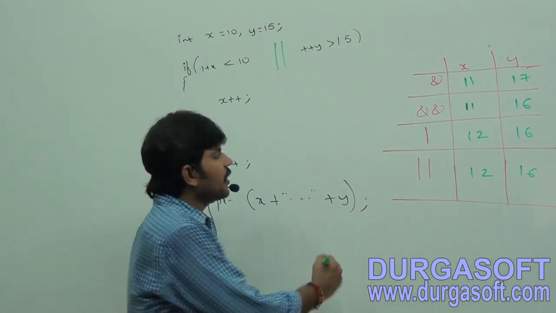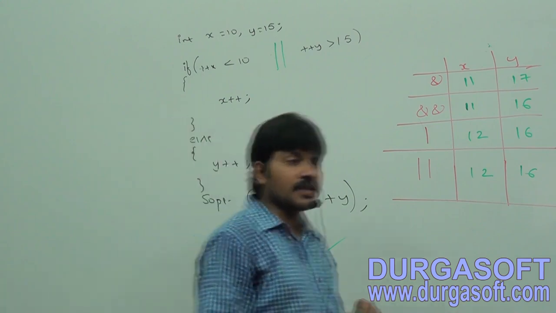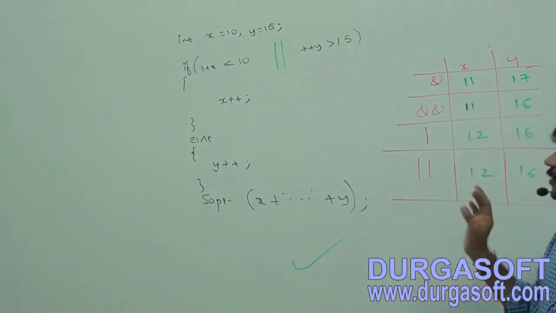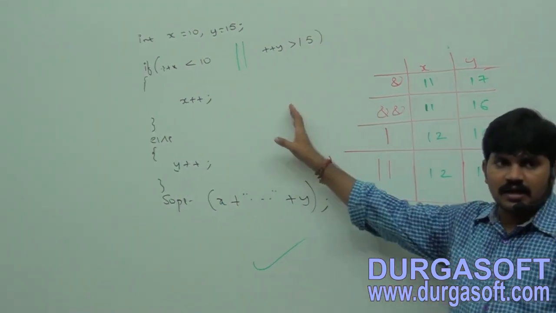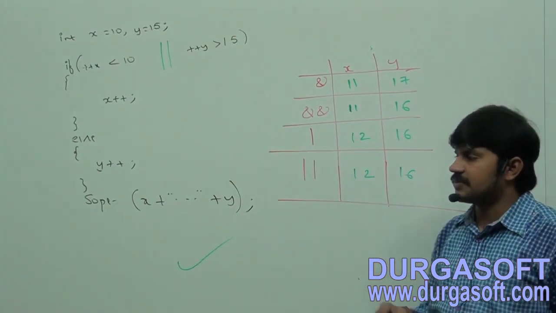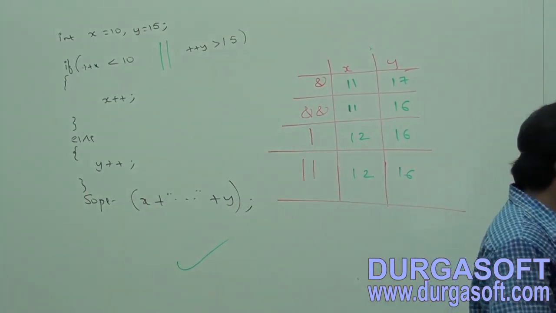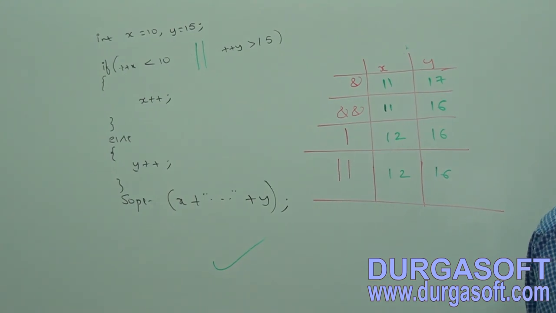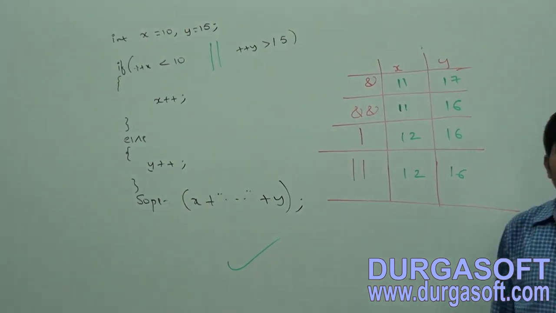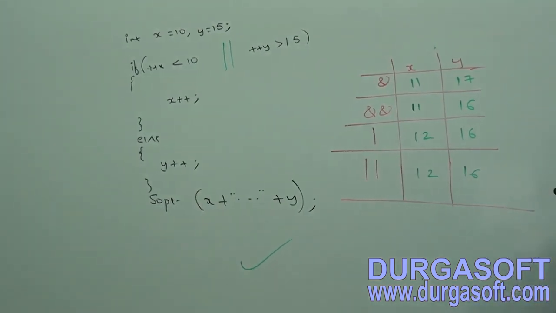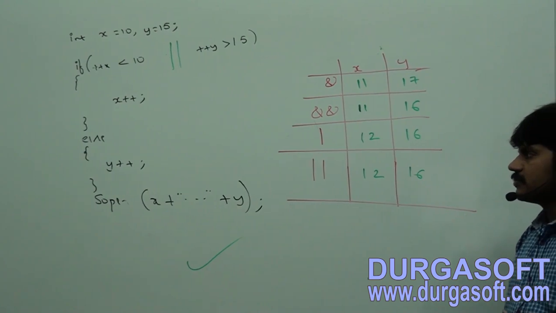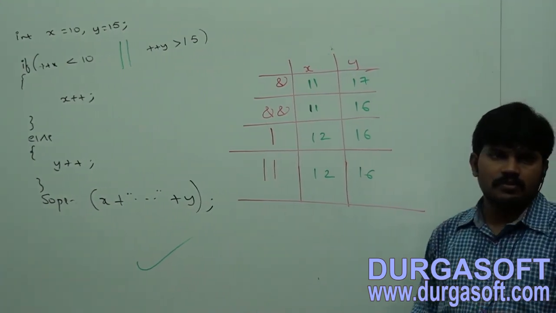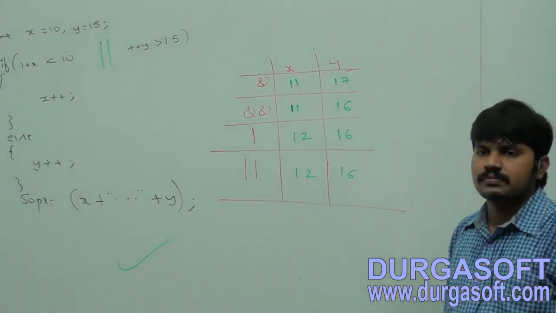Are you getting it? There may be a chance to ask this type of question in the exam. You should be aware of the AND operator or double AND operator, OR or double OR. Take this example, take it clearly. And x is equal to 10, y is equal to 15, better to take the output also.